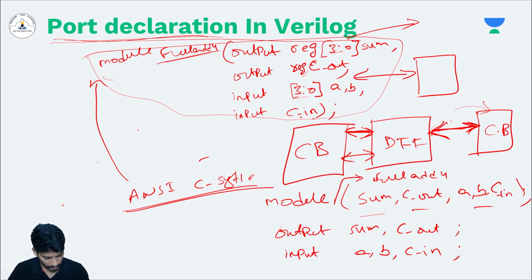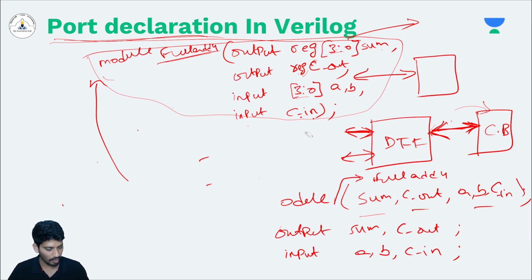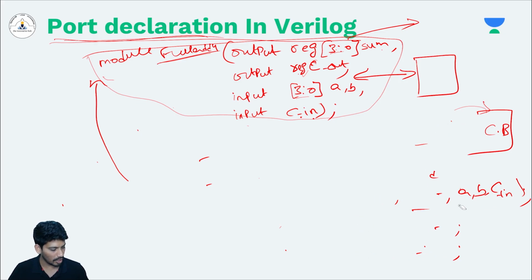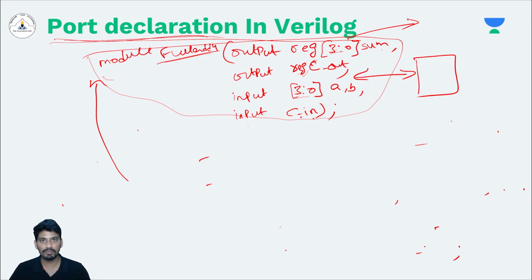The ports, there is one important thing that I want to tell here: the port of type input and in-out cannot be declared as registers. Why? Because a register variable stores values, right? But you want the input and in-out ports to act as immediately as possible.